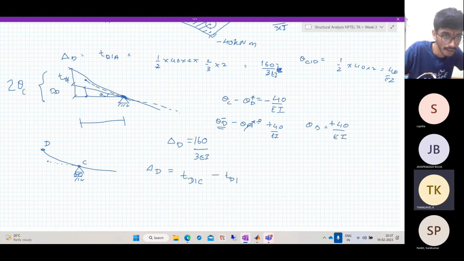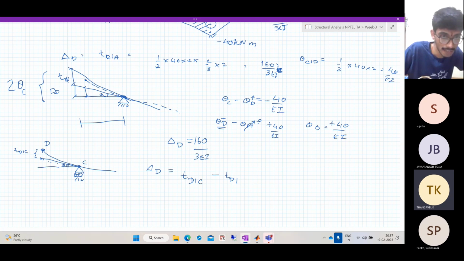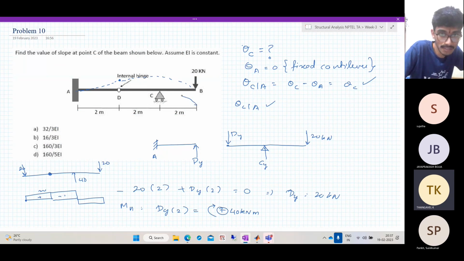If you draw a tangent at the point C, this is TD with respect to C. The angle here is theta C, and this is delta D. So here it has to go down, something like this.